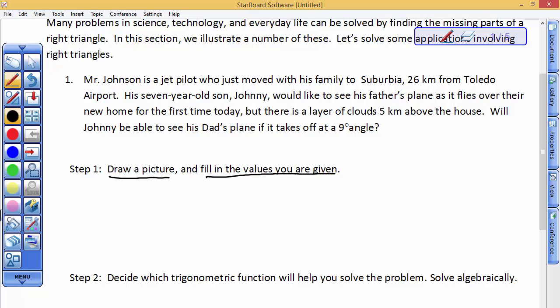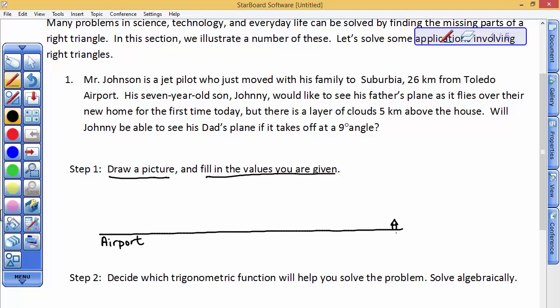Okay, Mr. Johnson is a jet pilot who just moved his family to suburbia, 26 kilometers from Toledo Airport. So, let's even start getting a picture. Here's the airport, and let's just draw a straight line, and here's Mr. Johnson's home.